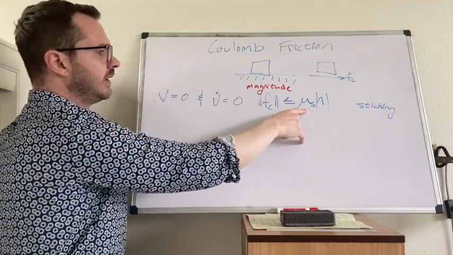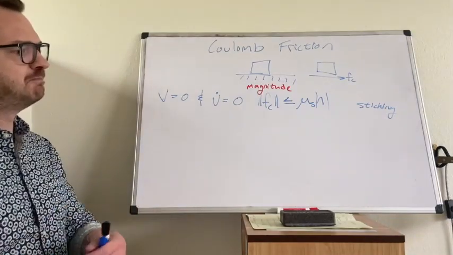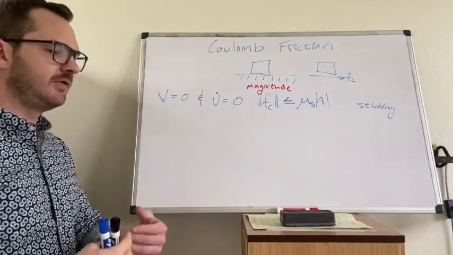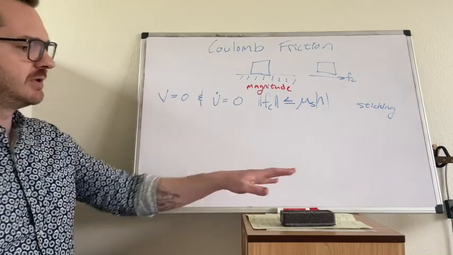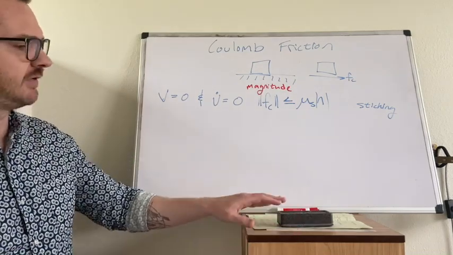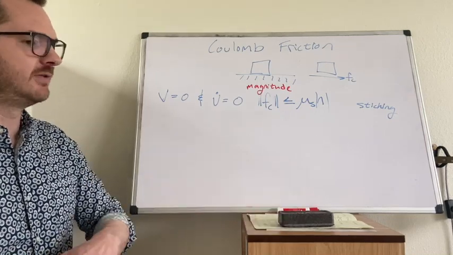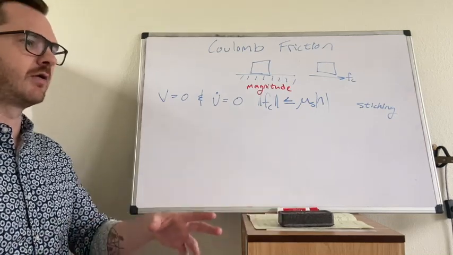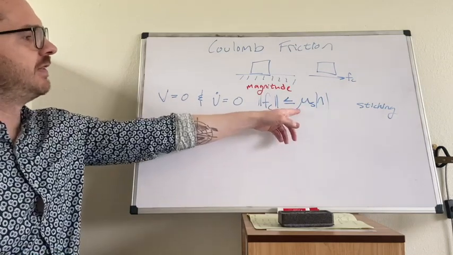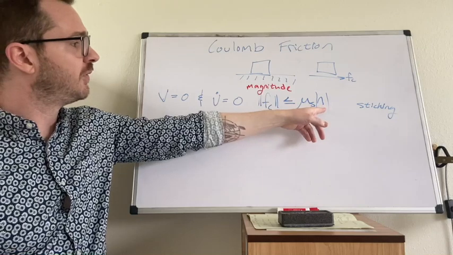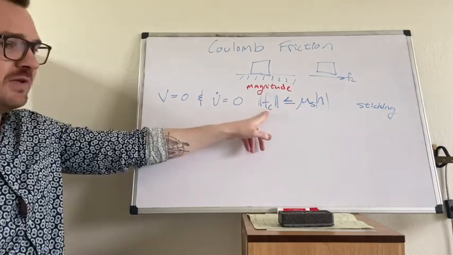And then the coefficient of friction is a constant associated with the relationship between the object and the surface. It has a lot to do with the material properties, surface conditions, temperature, wetness, humidity, etc. All kinds of things can factor in. But this is a number. It's positive, right? So it's a positive number multiplied by n, which means this is a number.